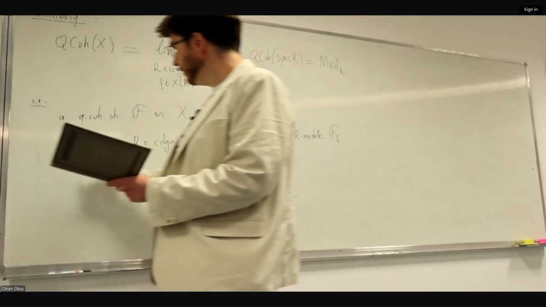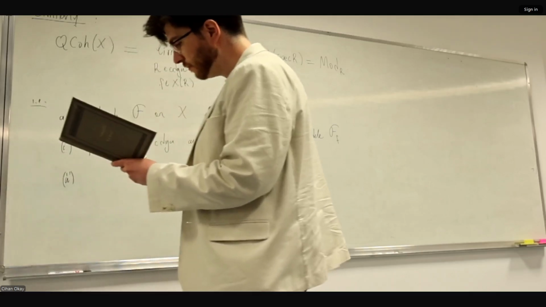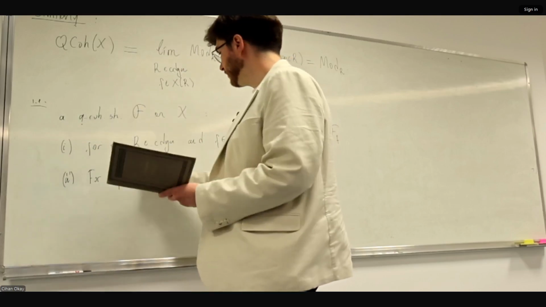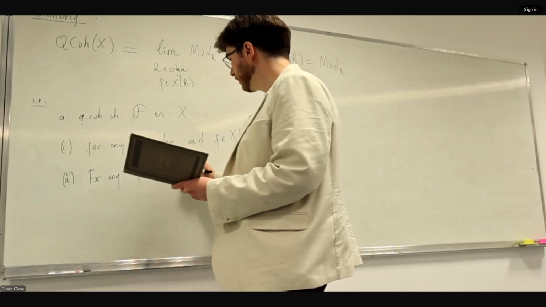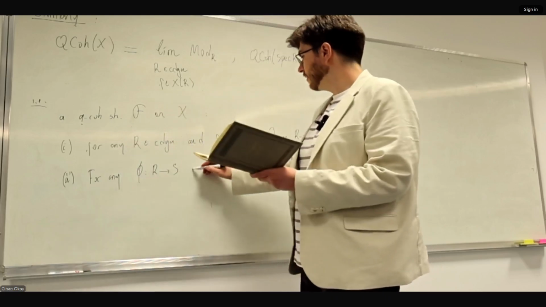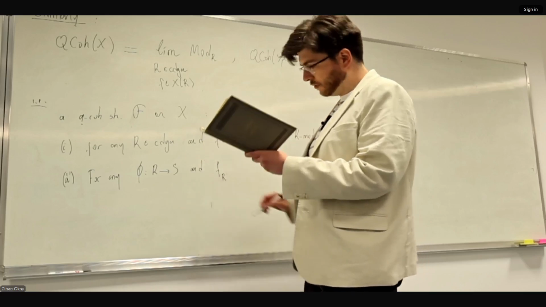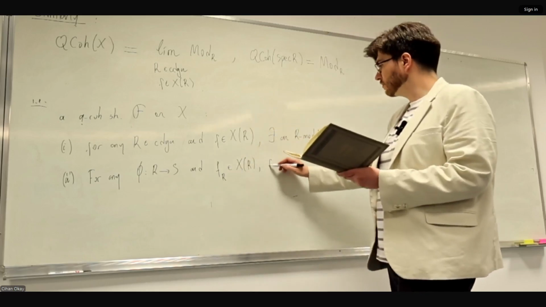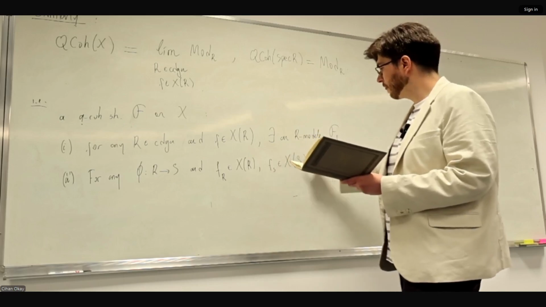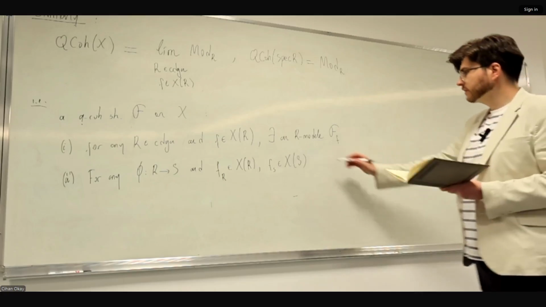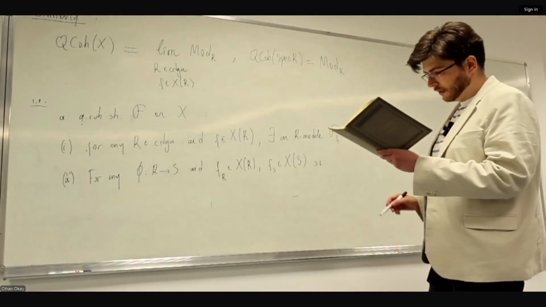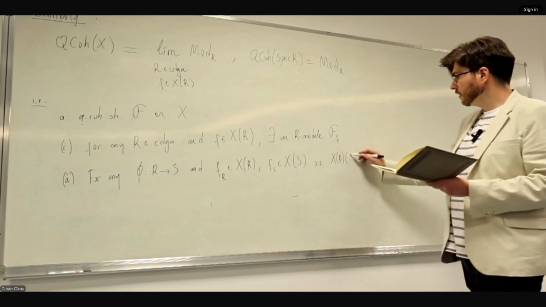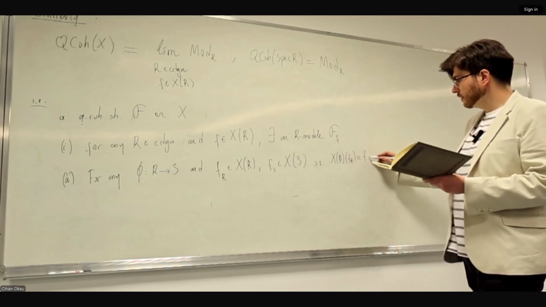So this is the first data, and the second data is, for any morphism phi from R to S, with corresponding points, we have this R point, and we also have S point, such that X(phi) of x_R is x_S.